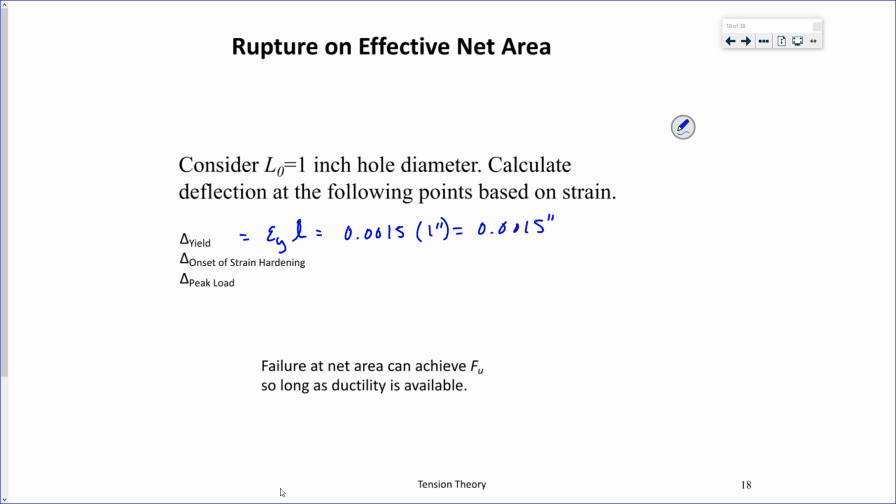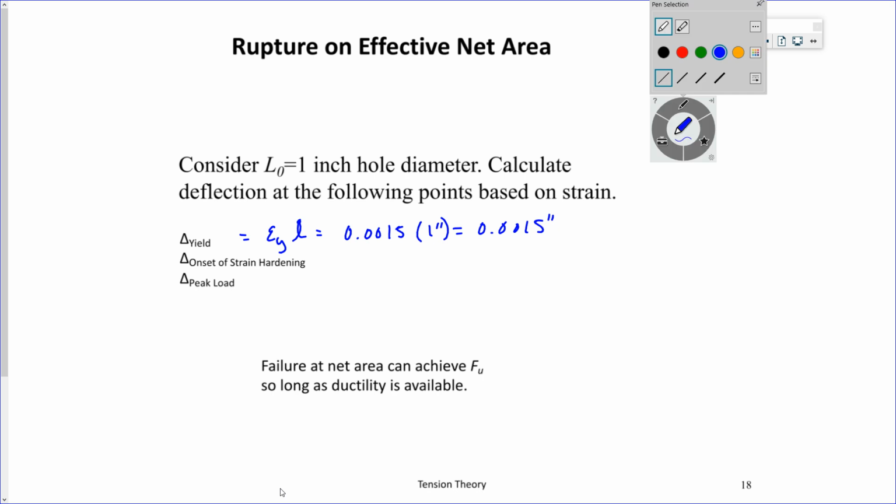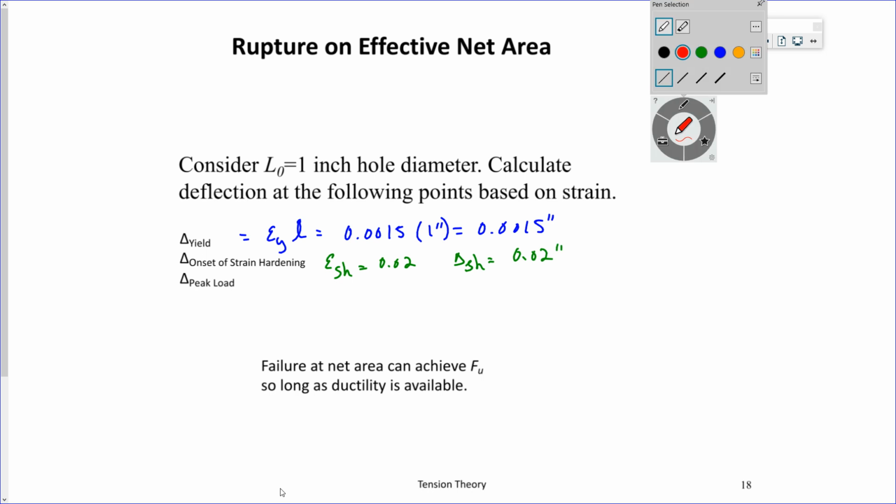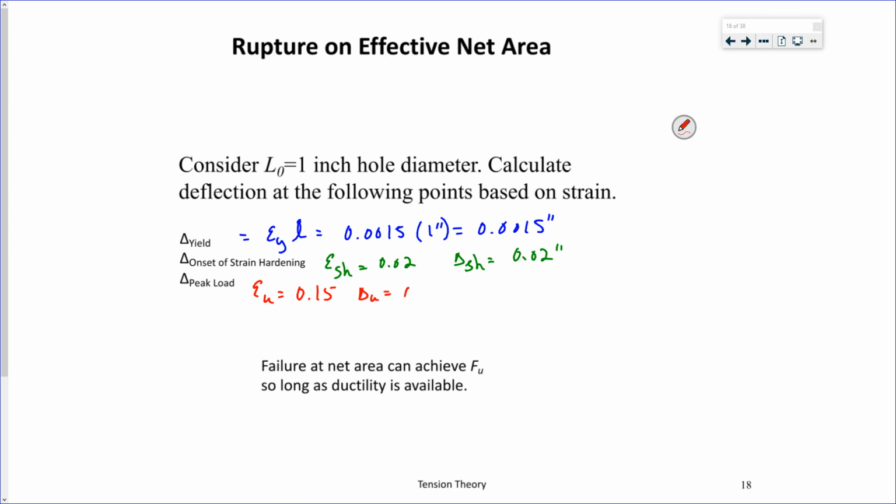Hopefully you don't even have to get out your calculator to do all this. Strain hardening is 0.02, so strain hardening is 0.02 inches. The peak was 0.15, so the ultimate at the peak is 0.15 inches.